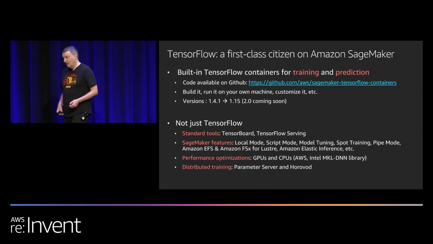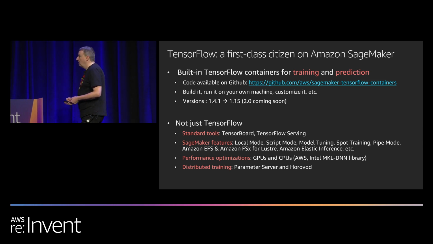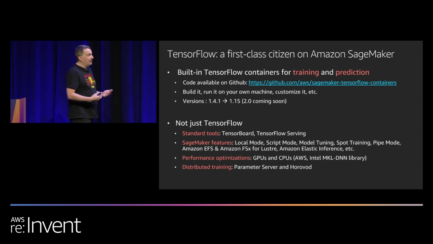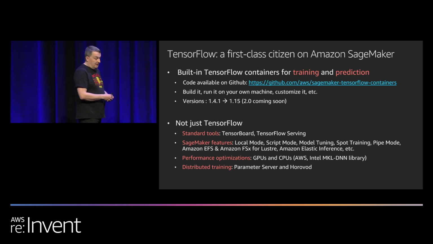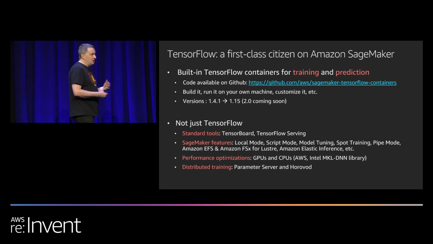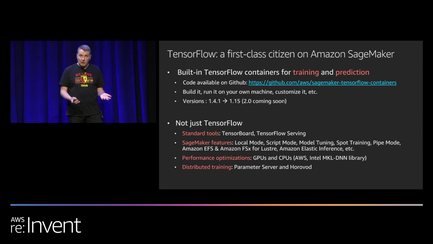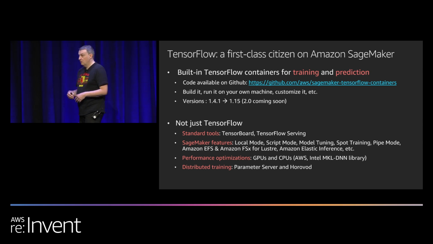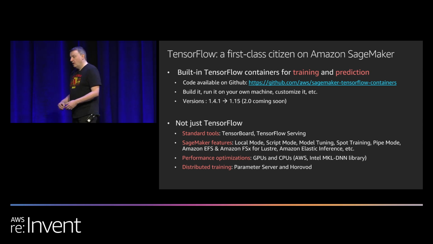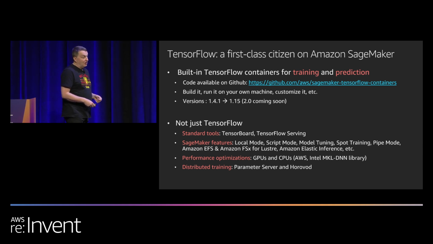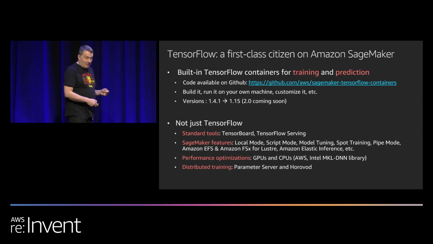Because of all the great work that my colleagues are doing on TensorFlow, optimizing for GPU and CPU, also working with Intel, et cetera. And last but not least, you get distributed training using either the native TensorFlow mode called Parameter Server or Horovod, this really cool open source project that lets you really scale your training jobs. And by the way, we're contributing quite a lot to Horovod as well.